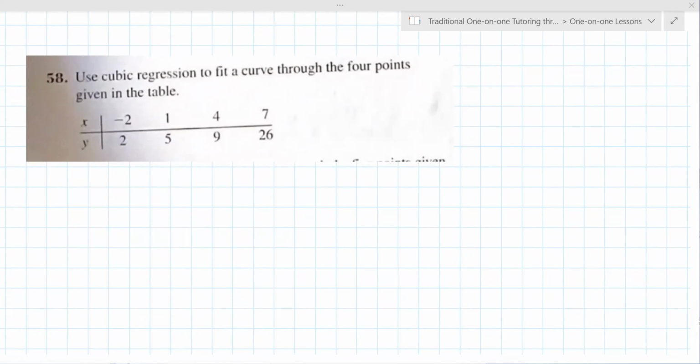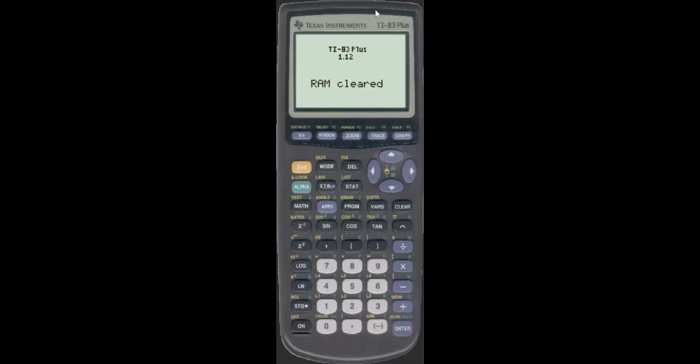If you have your calculator, it would be helpful to work along with me. I'll share that screen now. Are you seeing this calculator on my screen?